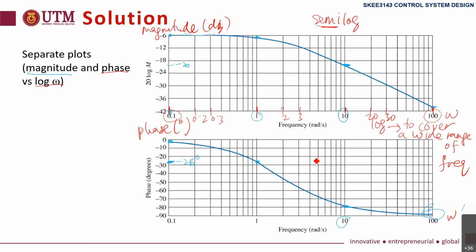I think this is plotted using a computer, using MATLAB. This is one way to plot, and later, as I mentioned, this is called the Bode plot. We will have more detail on the Bode plot later.